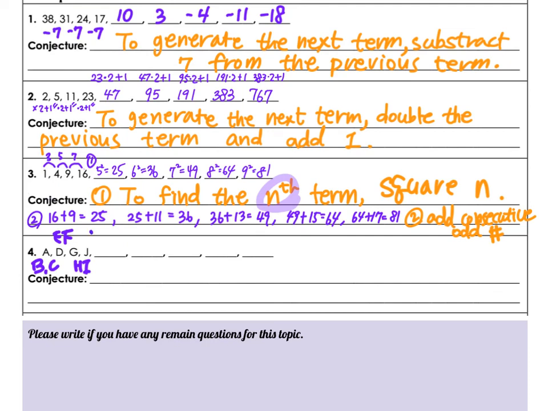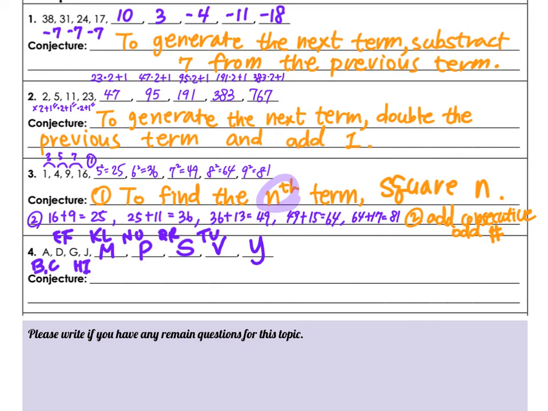And J, K, L, M. So K, L. What's next? M, N, O. So it will be P, Q, R, S, T, U, V, W, X, Y, Z.